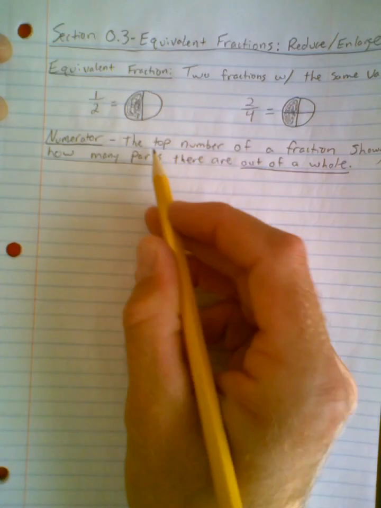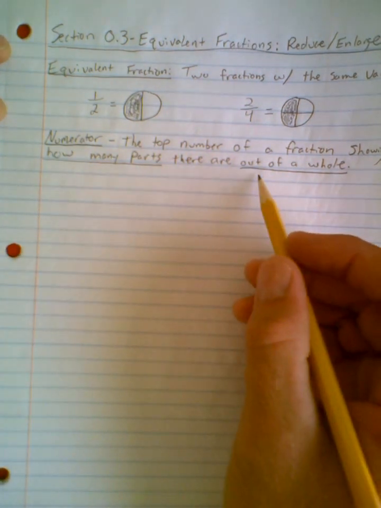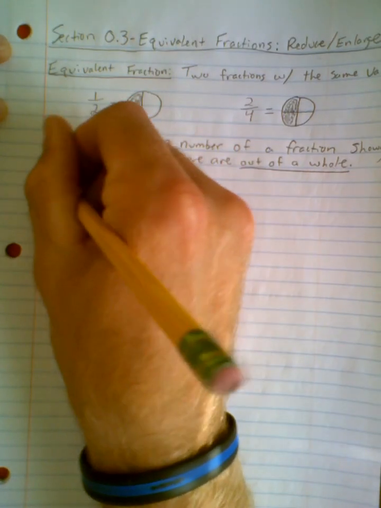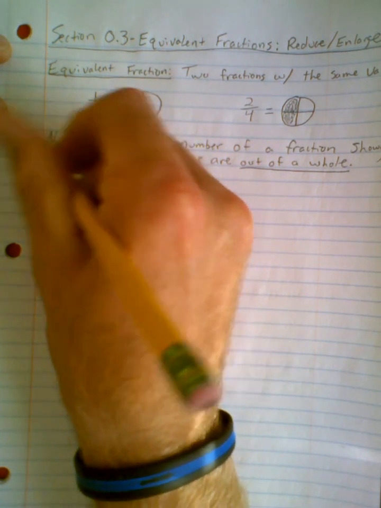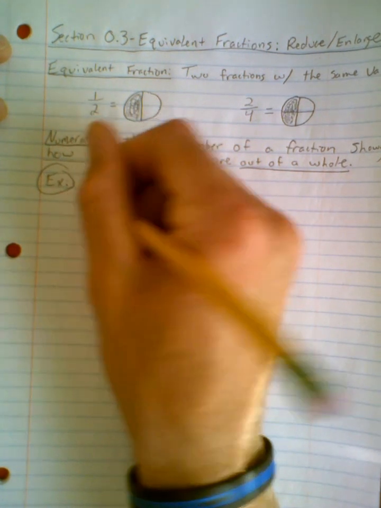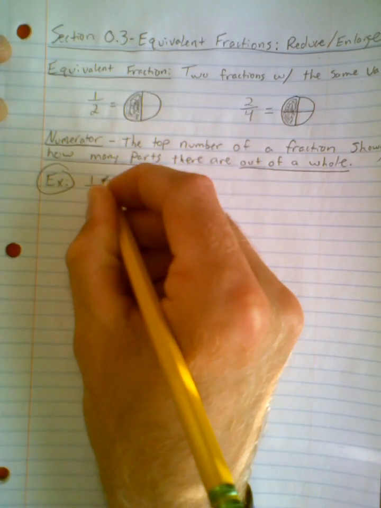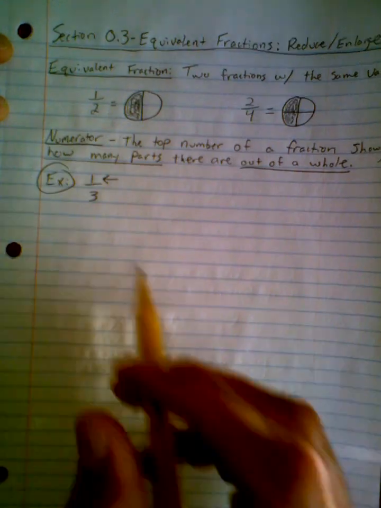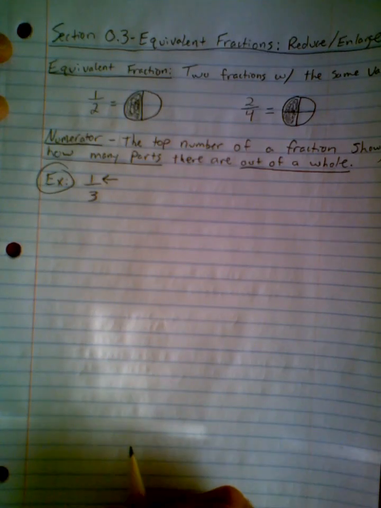So your numerator is the top number of a fraction showing how many parts there are out of a whole. Your example is, I'm going to write example 1/3. And just draw an arrow next to the 1. Your 1 is your numerator.